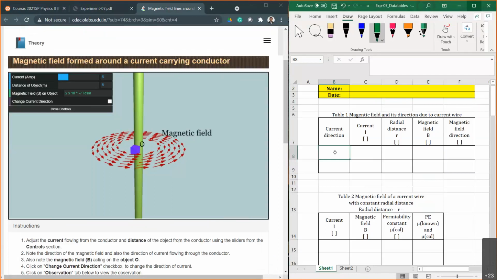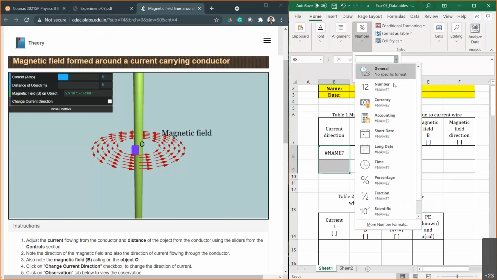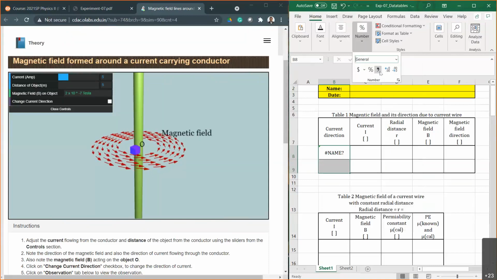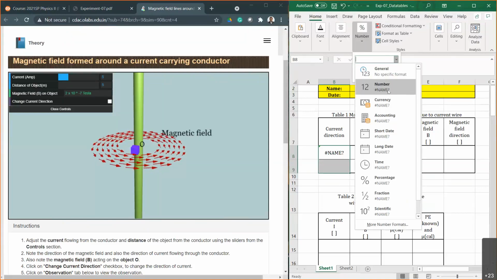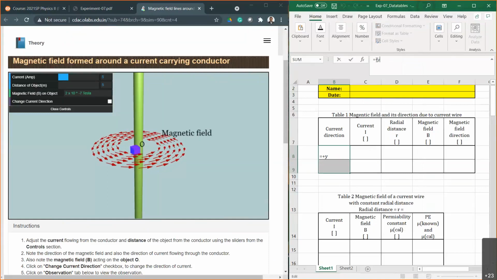Okay, so the current direction, let's consider positive Y direction. Oops, why is that? If you put the positive sign in front, I think it will read as a number. That's why you may have to change these 2 cells from number format into text.